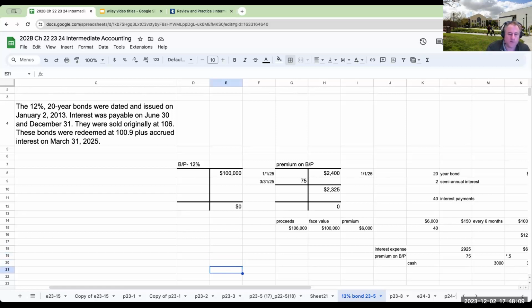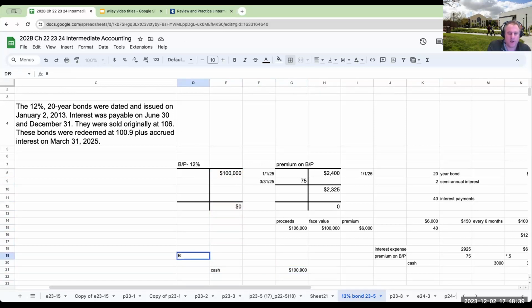So the cash I'm paying to redeem the bond, when it says 100.9, means it's going to be 100,000 times 1.009, or 100,900. It's basically just less than 1%. So that's how much cash I'm paying to redeem the bond.